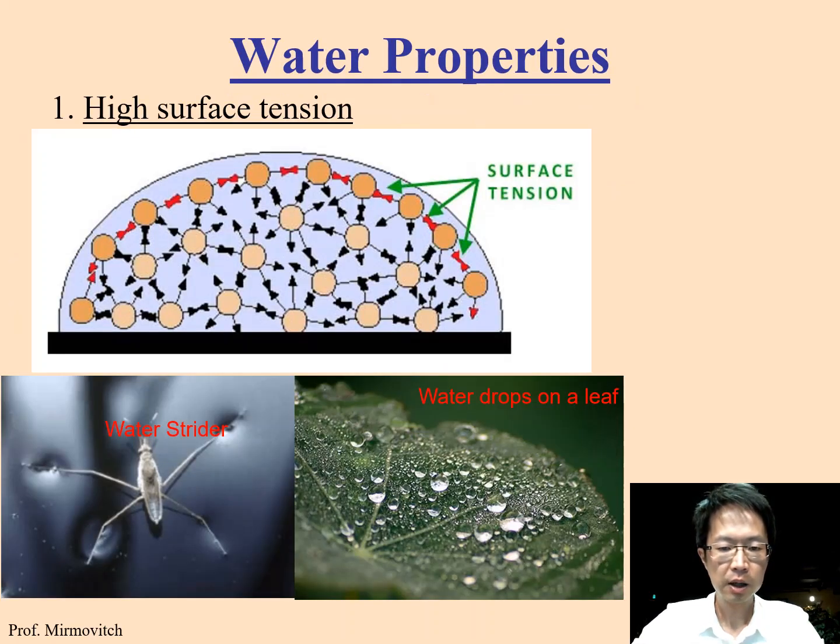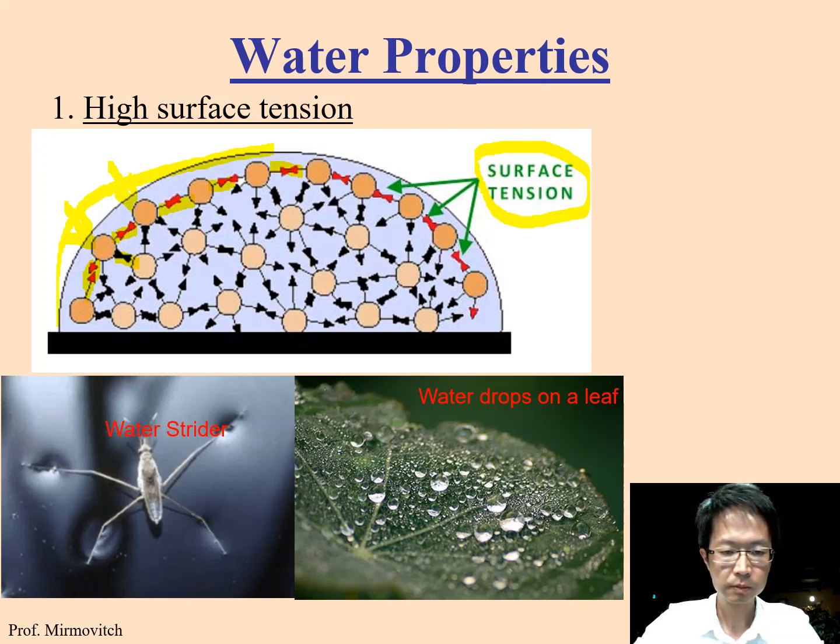What's that? As you can see from this picture here, each water molecule can form hydrogen bonds with each other. The hydrogen bonds formed with each other cause something that we call surface tension. Because of the hydrogen bonds they form with each other, it causes the dome shape of a water droplet.